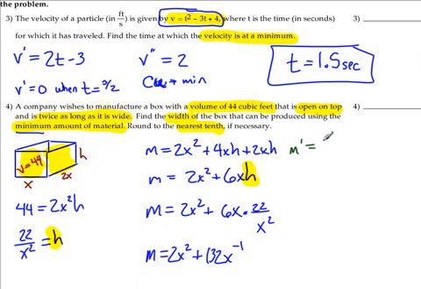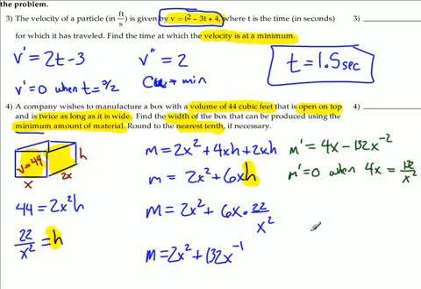Derivative of M is going to be 4x minus 132x to the negative 2. We need to find out when that thing equals 0. That thing equals 0 when 4x is equal to 132 over x squared.